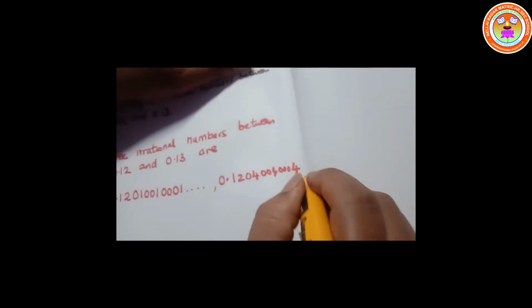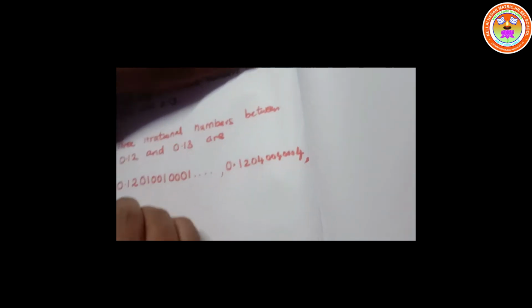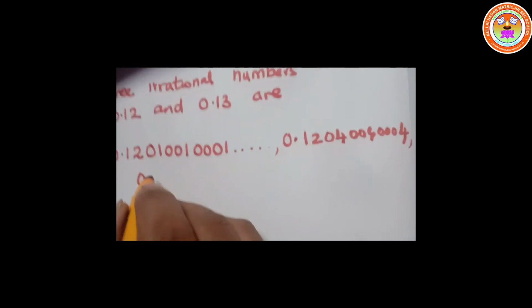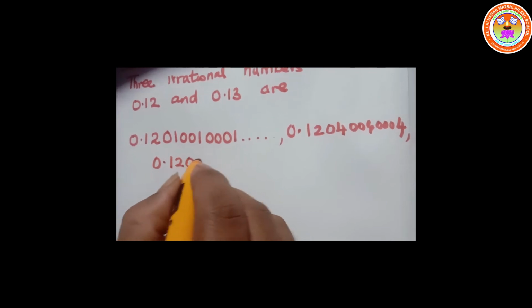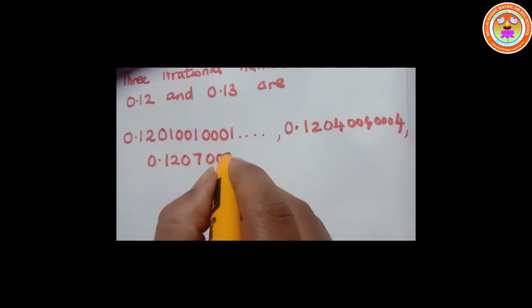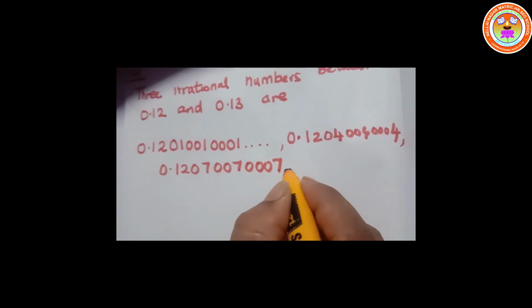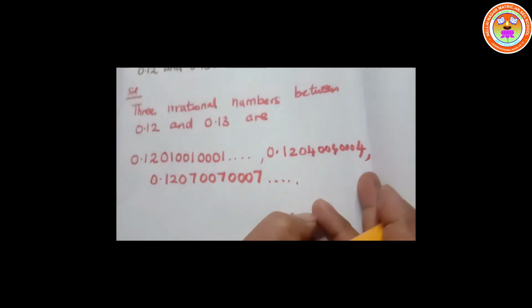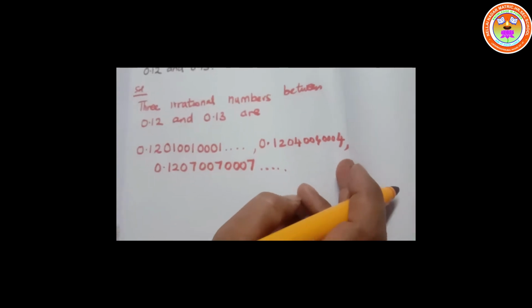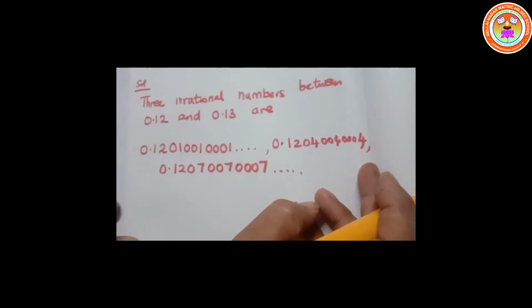Okay, children, comma, and I can write 0.120 70007. Okay, children, dot dot dot. So any 3 numbers, if you write, that is okay.